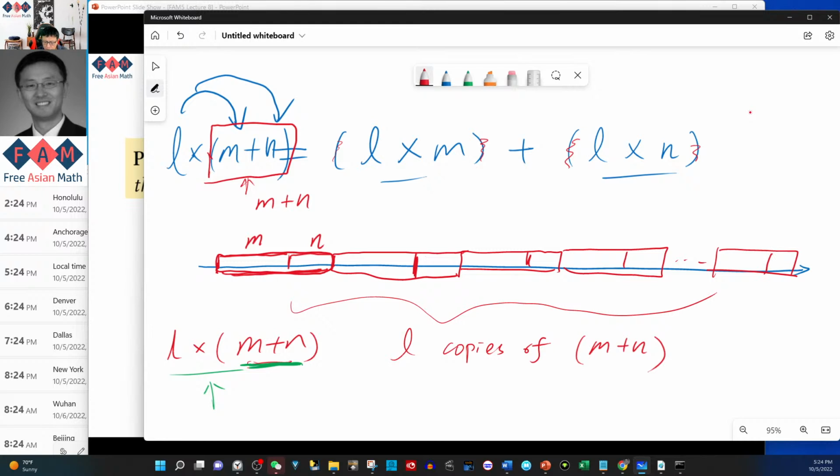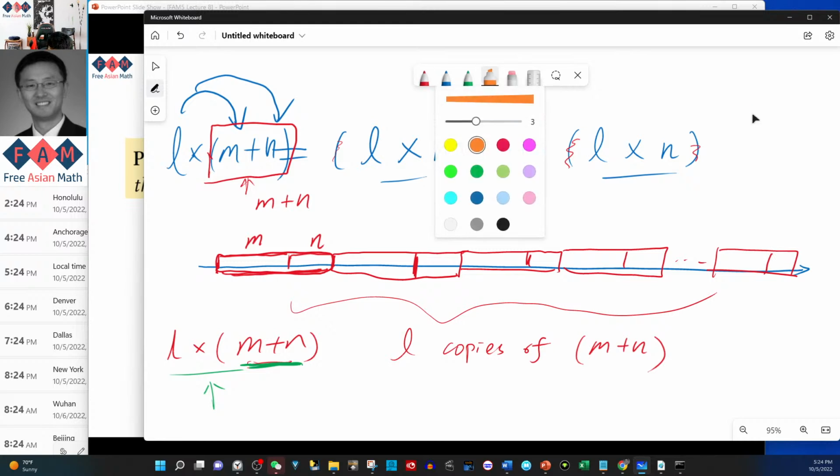So if we use our coloring scheme like earlier, we can color all the m line segments yellow and all the n line segments green. Then we will do almost exactly the same trick as earlier.